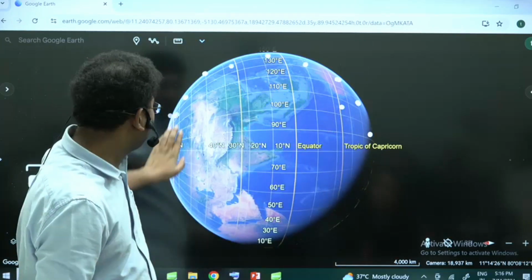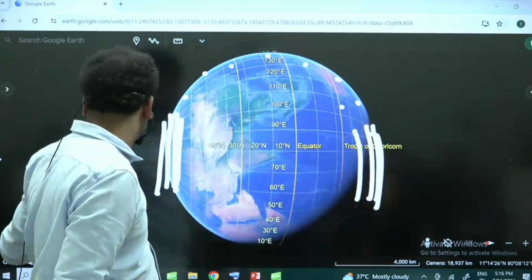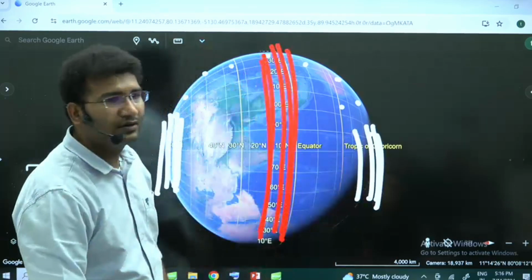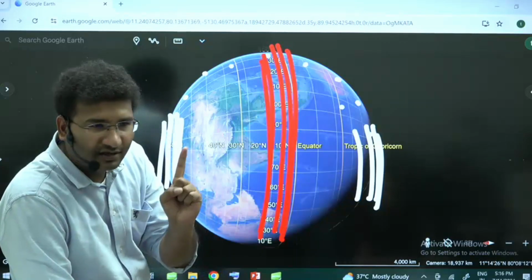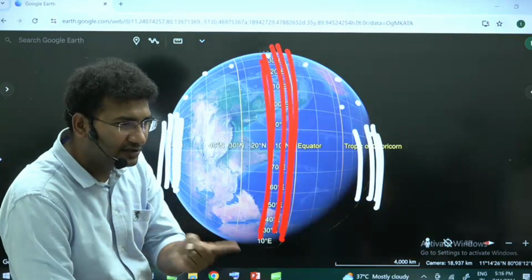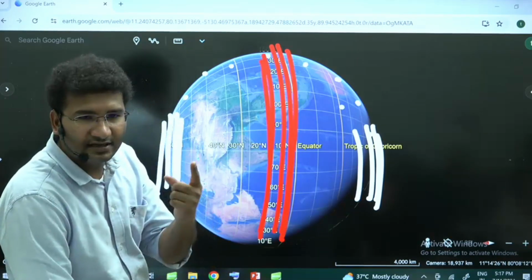But the temperatures which are cold here, and the temperatures at the equator, which are warm here, this variation will lead to the movement of the water. This is the first reason why the water is moving on the earth. It is because there is a difference in temperature, and to maintain an equilibrium the water is moving. Right? This is the first factor, and the primary reason is latitude.